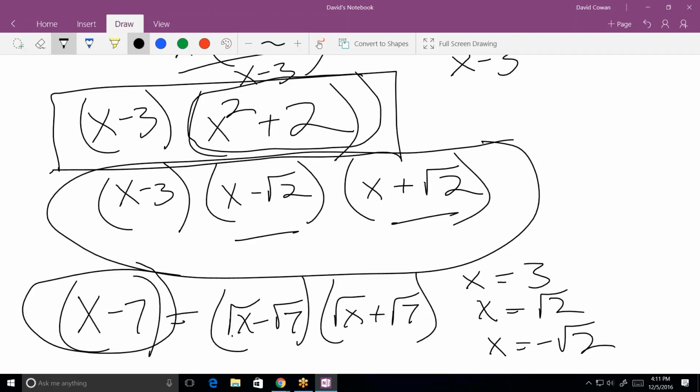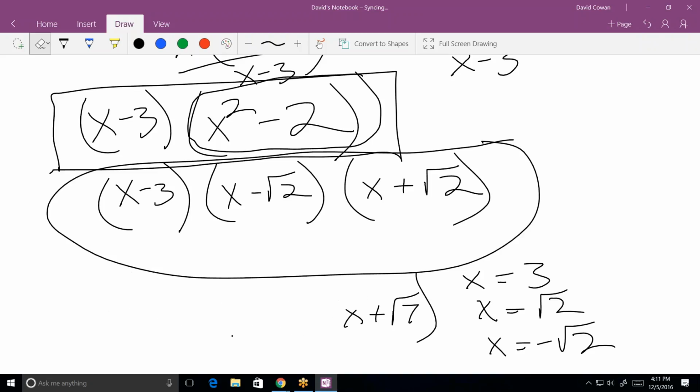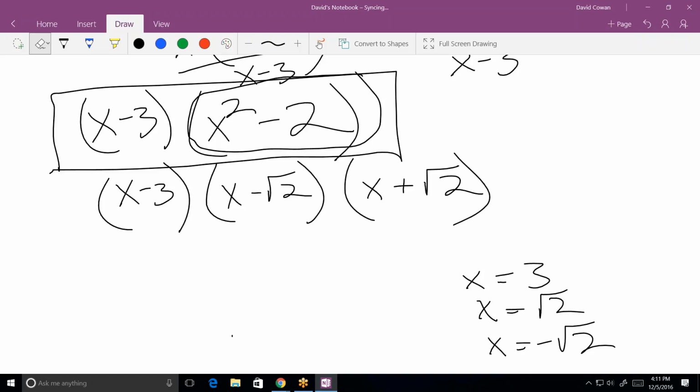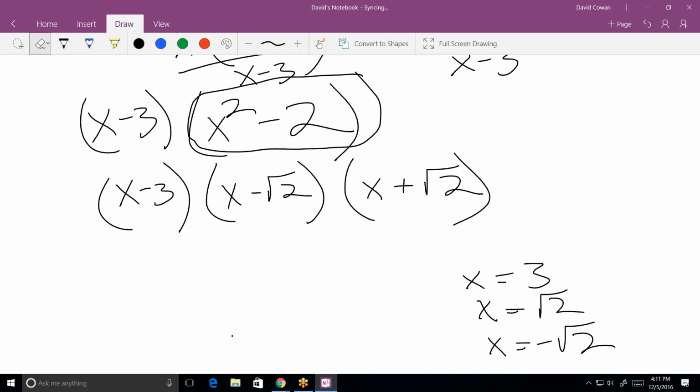So it's really the difference of squares is what it should be called. And it can be applied anywhere where you have a minus sign in between two terms. And that's why I say I'm one of the few people that probably would have mentioned that to you.